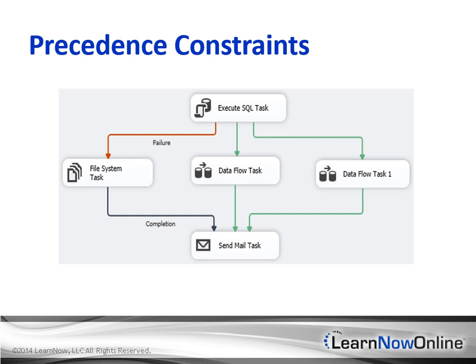Otherwise, the other precedence constraints within the figure are success constraints. So when the execute SQL task executes successfully, it's going to send control to the data flow task as well as data flow task 1. So in this particular scenario, there are two different kinds of data flows that need to happen in response to the execute SQL task executing successfully. And then once those two tasks execute successfully, in other words, if there are no errors, they'll also send an email.